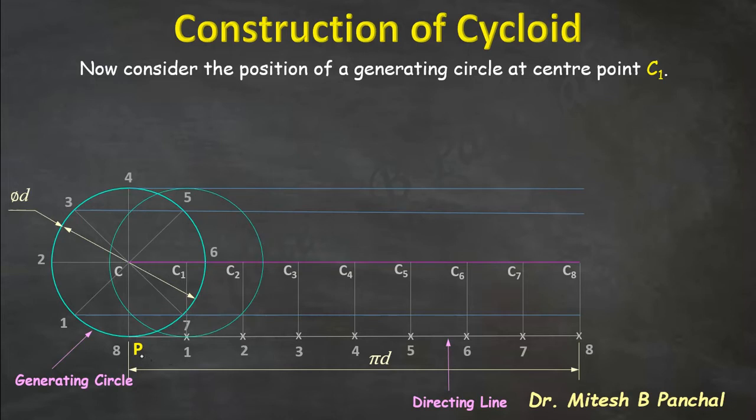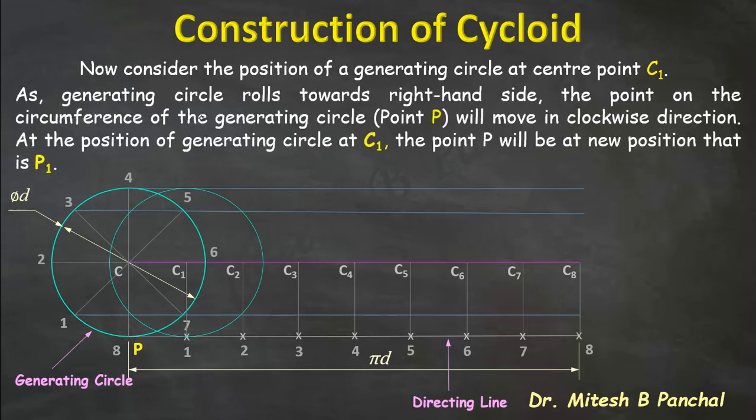During this movement from C to C1, point P will move in clockwise direction and reaches point 1. As the generating circle rolls towards the right hand side, the point on the circumference of the generating circle, that is point P, will move in clockwise direction.